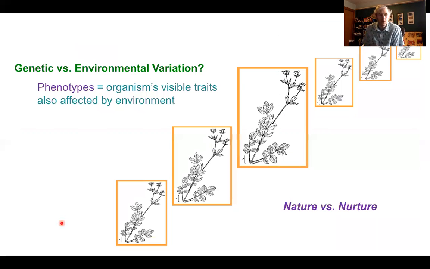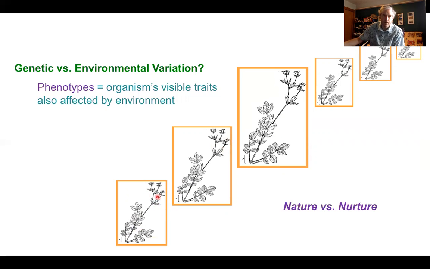Okay, so what we're going to do now is talk a little bit about genetic versus environmental variation. Remember, a phenotype is an organism's visible traits, and they are also affected by the environment. This is known as nature versus nurture. Let's think of a basic example. Here we have one particular species of plant, and it seems to exist in multiple different sizes.